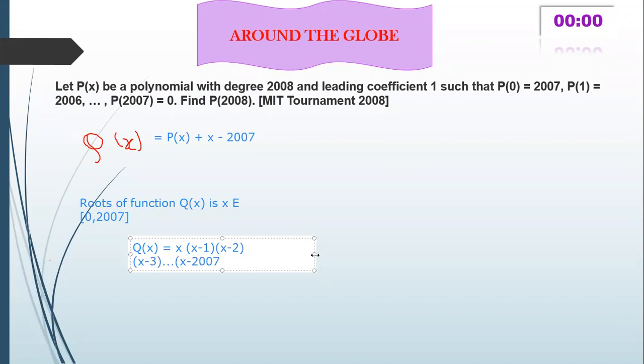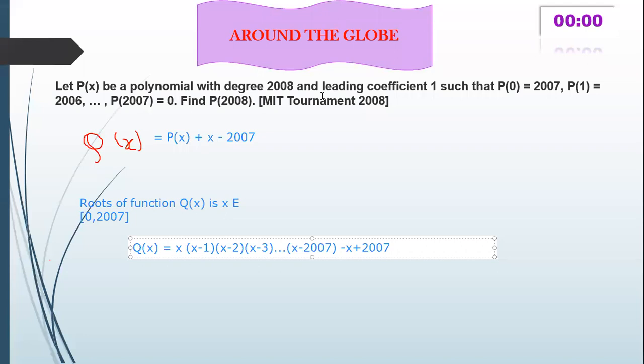But if you write up to this step, then you are doing something wrong, of course, because you are missing the most important part, that is minus x plus 2007. See, plus x minus 2007 is similar to minus x plus 2007. So exactly what I did.